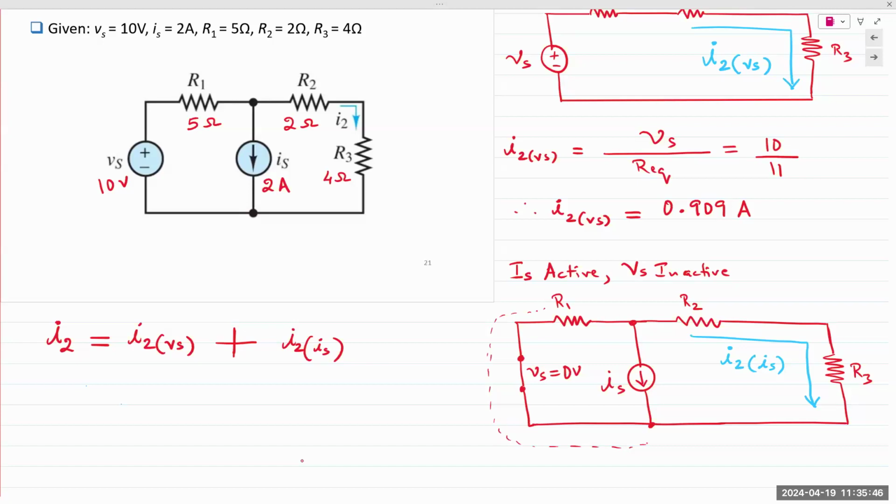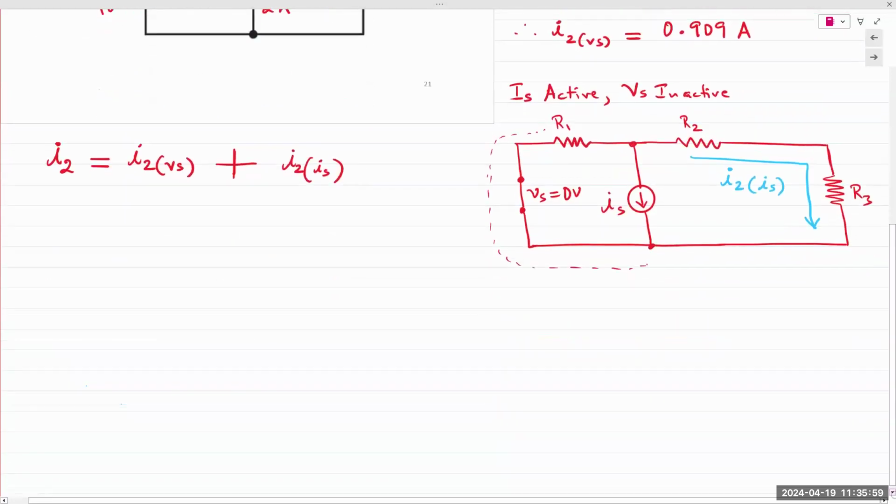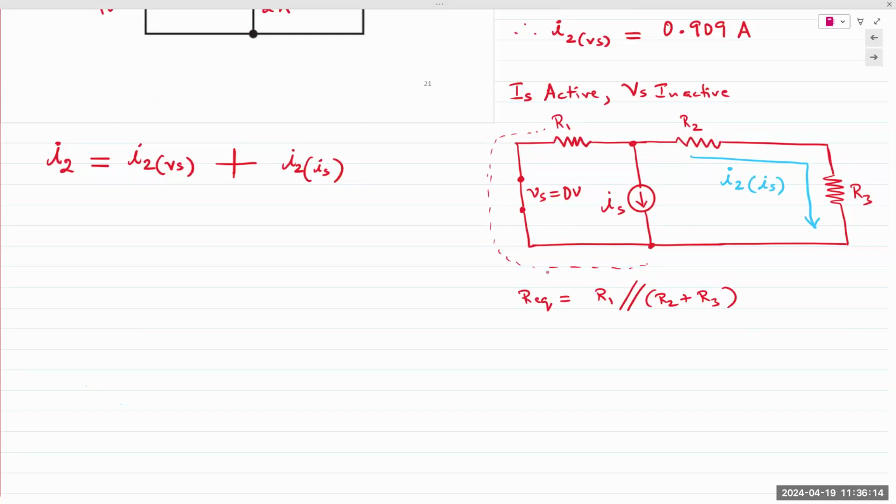If you want to take a shortcut, current is being divided. You can apply current division. In either case, you have to find Req. My Req is R1 in parallel with R2 plus R3.